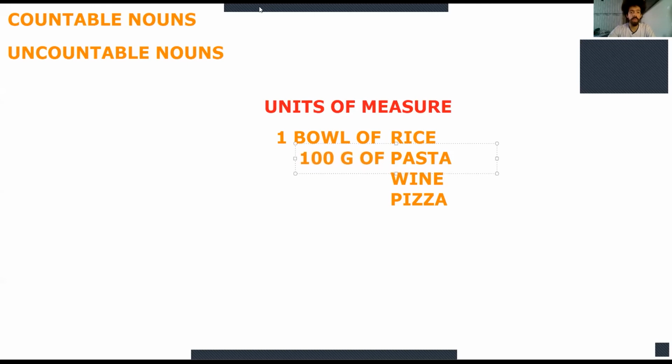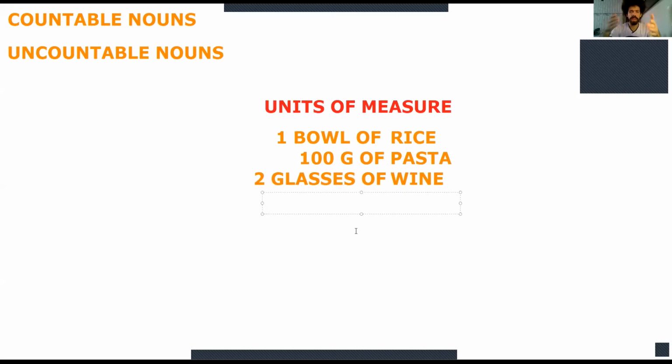If we're gonna drink wine, we're gonna drink 2 cups, not cups, 2 glasses of wine. 2 glasses of wine here. And for pizza is a very specific unit of measure.